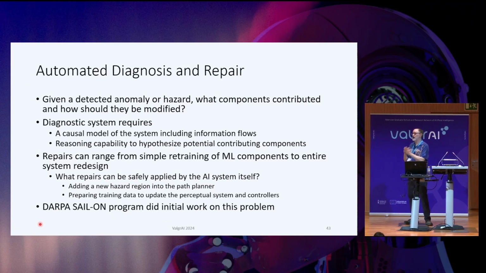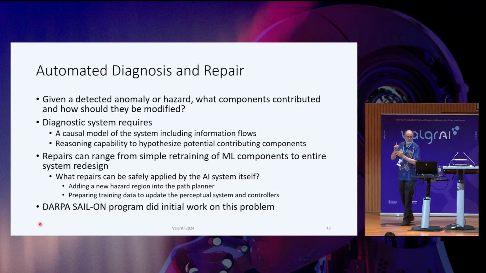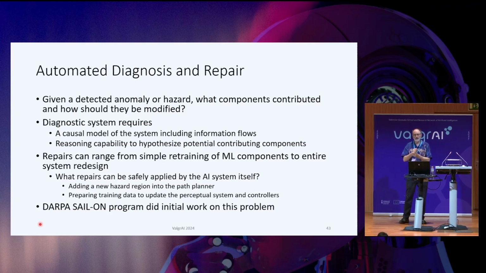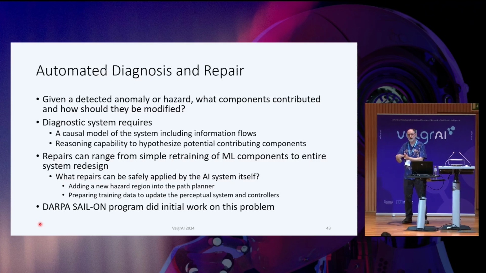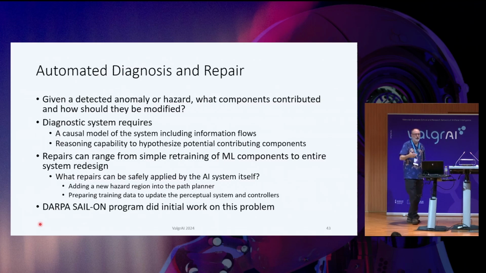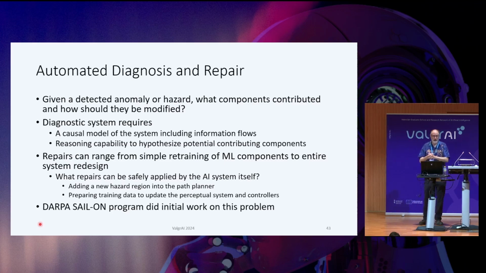Now the question is, what about repairs? And I'll come back to this in a moment. I think it's very tricky to imagine a system doing self-repair. But the AI system could provide the information that could then be used by the human organization to make the repairs. So for example, it could collect up the new training examples that are needed to train the system to behave correctly in some new scenario.